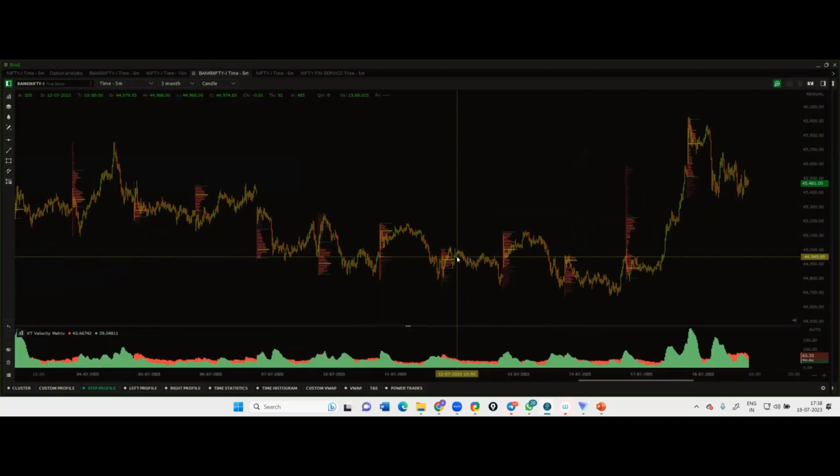So how to identify if you can expect a larger move during a particular time frame? There are certain ways using volume profile analysis. There are basically two methods using volume profile analysis where you can have a good expectation of whether the markets are going to give a larger move or stay in a particular range.